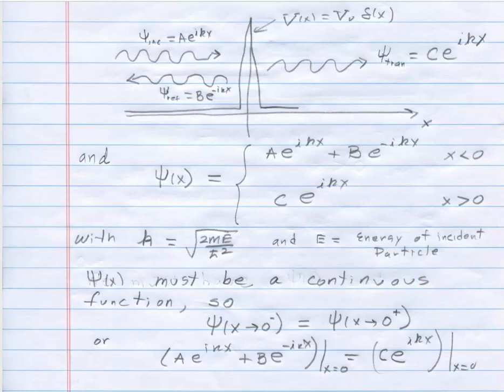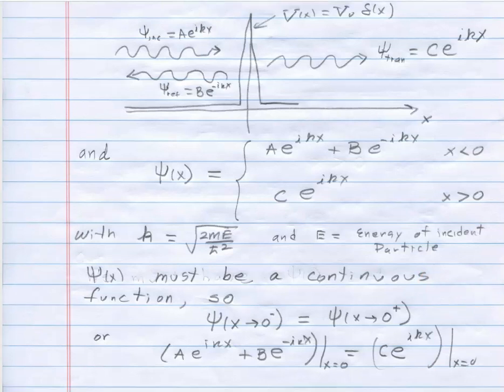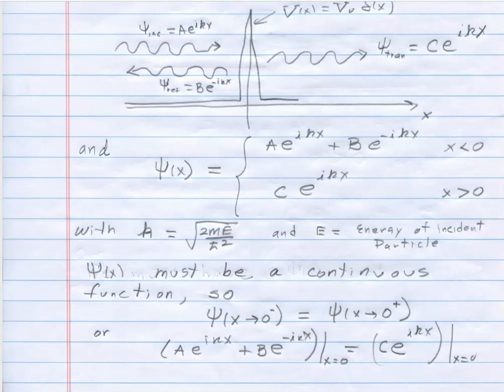We'll relax that second constraint a little later like we've done before. But for it to be continuous, I have to have psi as x approaches 0 from the left equal psi, the wave function, as x approaches 0 from the right. On the left side, I've got the solution A e to the ikx plus B e to the minus ikx, and I have to evaluate that at x equal to 0. And then on the right side, it's just C e to the ikx for the transmitted wave, and I have to evaluate that at 0.